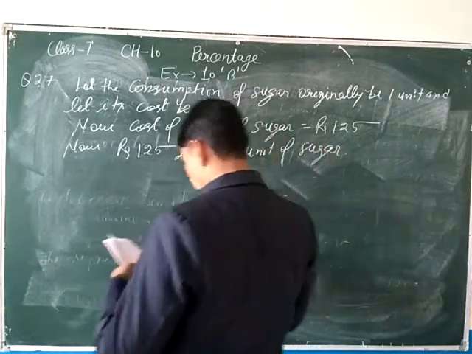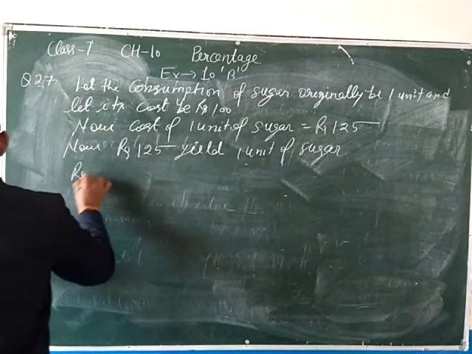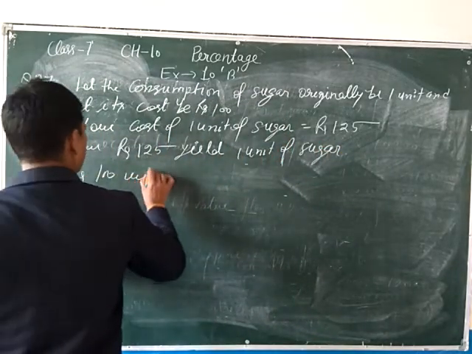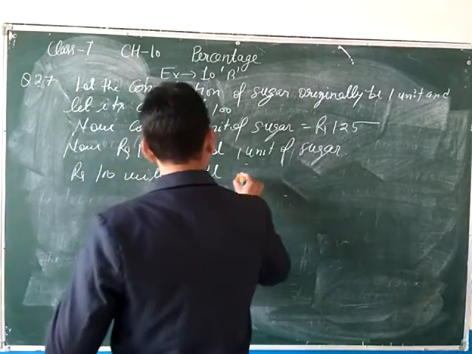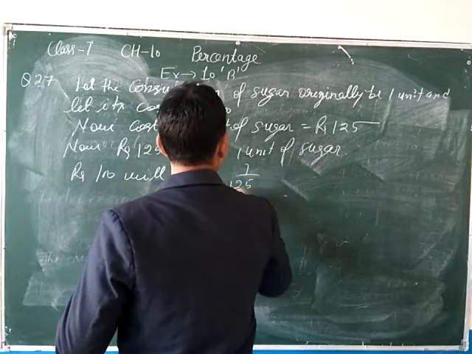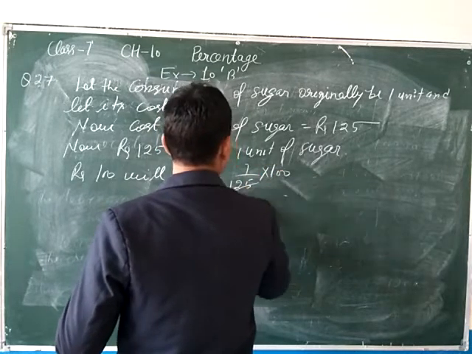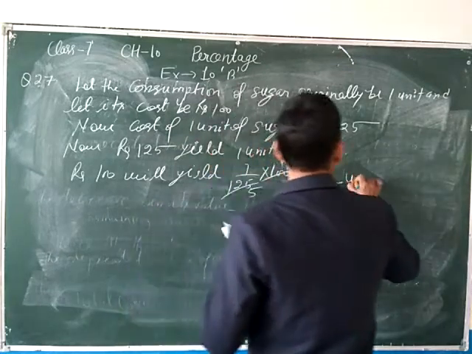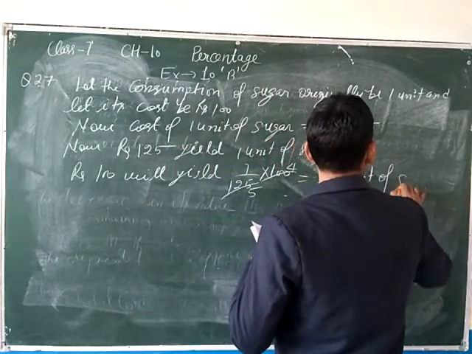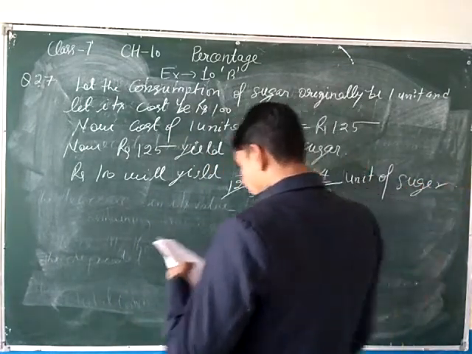Clear now? Okay. So 100 rupees will yield 1 upon 125 multiply 100. So 25 fives are 125, 25 fours are 100. That means 4 upon 5 unit of sugar. Clear beta?